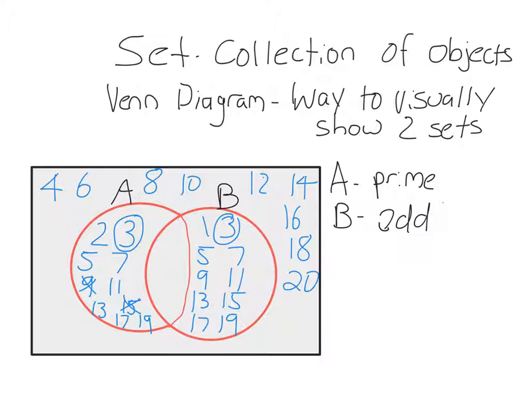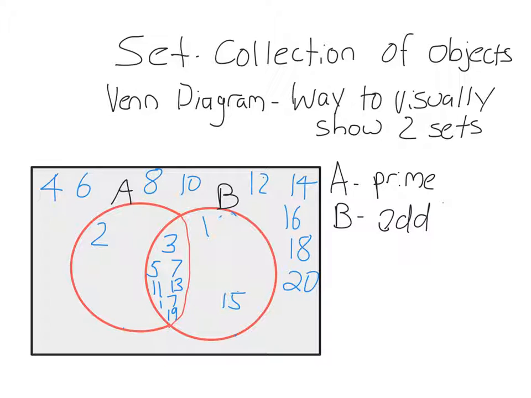Instead, I can get rid of each of these 3s and just write them in the middle, because this middle space is for elements that are in both A and B. I can do that for a few more: 5, 7, 11, because these numbers are prime and odd. So I'm going to do that now. Now the Venn diagram is a lot easier to work with. Each number is written only once.